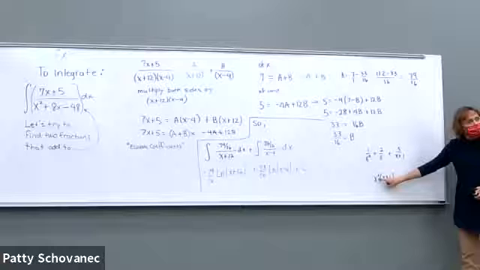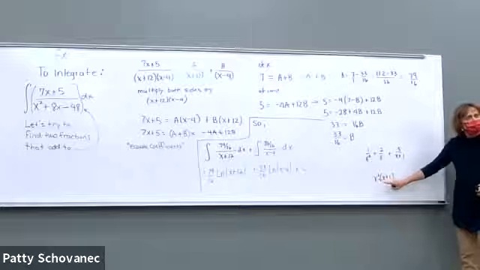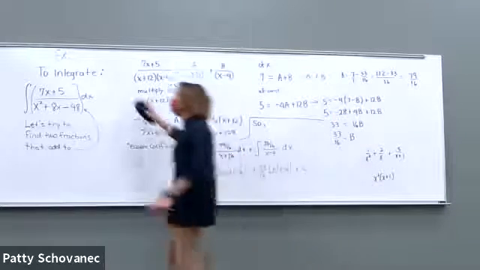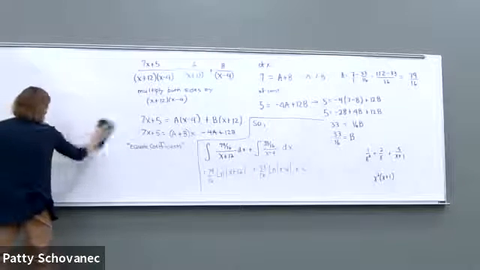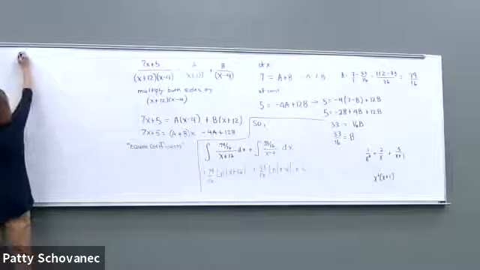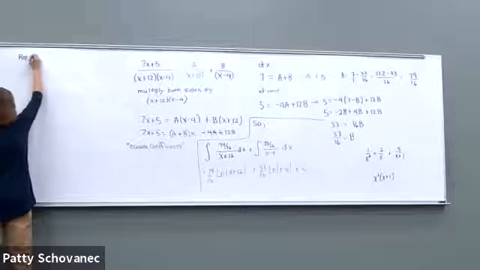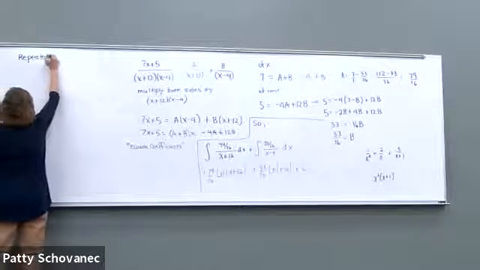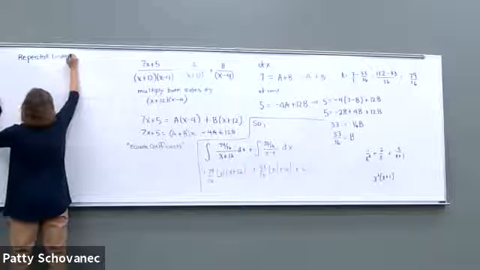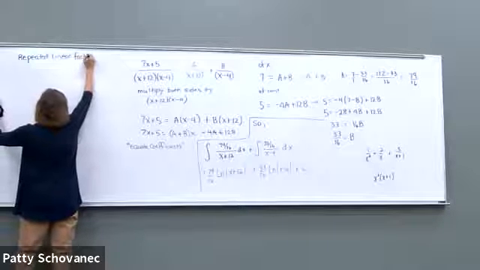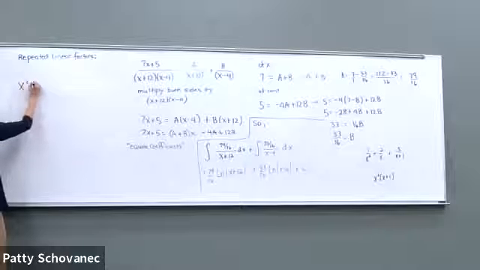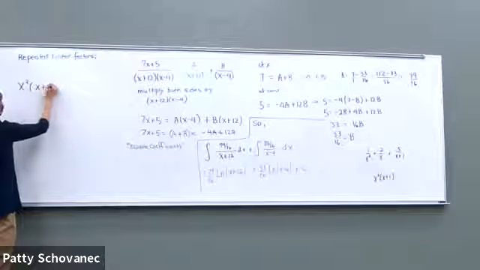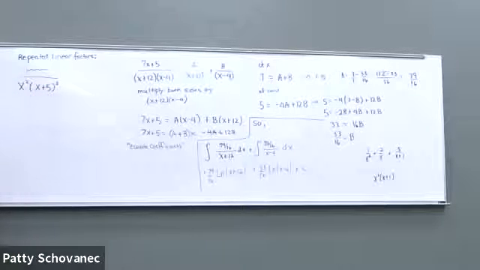We're going to make this a repeated linear factor rule, that if we have something like this, suppose I have something like an x squared times an x plus 5 cubed with blah, blah, blah up here, some other stuff.